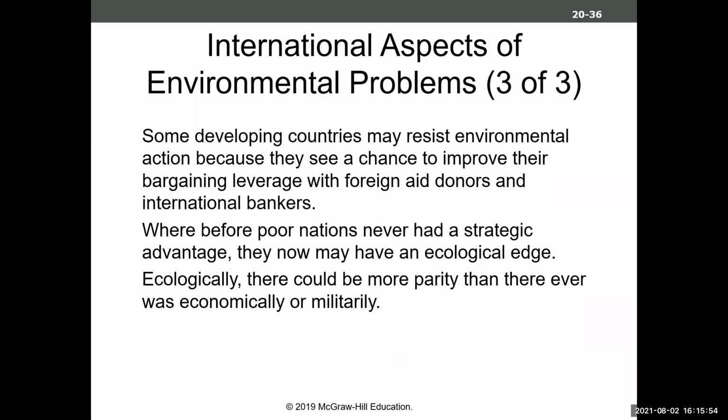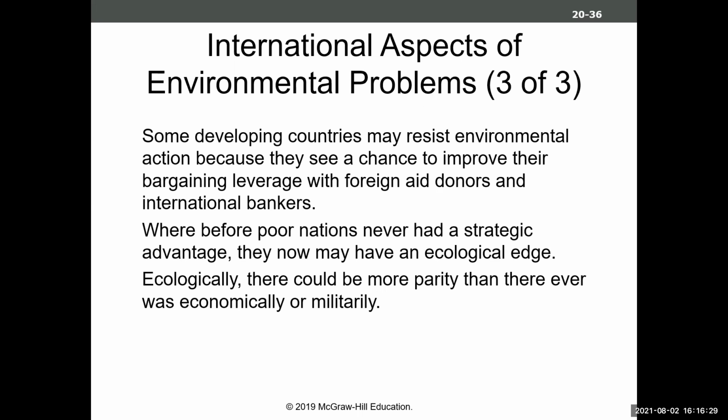The U.S. is one. A lot of developing countries have issues with environmental action because they're basically looking at a chance to improve their bargaining leverage with foreign aid donors. And so before, poor nations never had a strategic advantage, but now they have this ecological edge because we're seeing that we need to conserve resources in these poorer countries, but that those resources are really all they have access to.